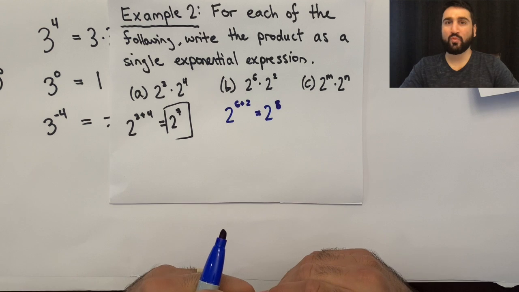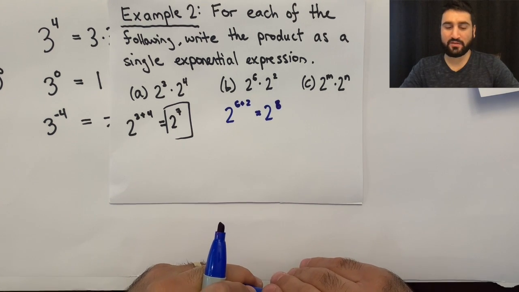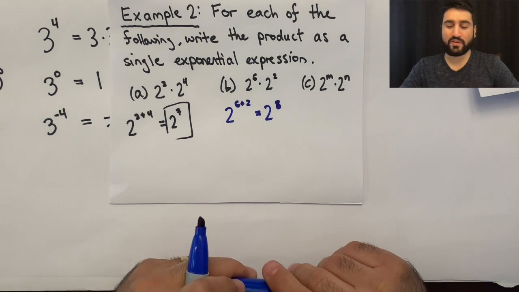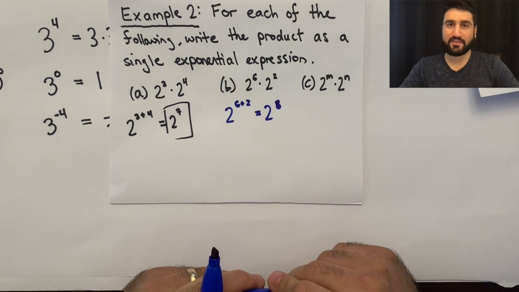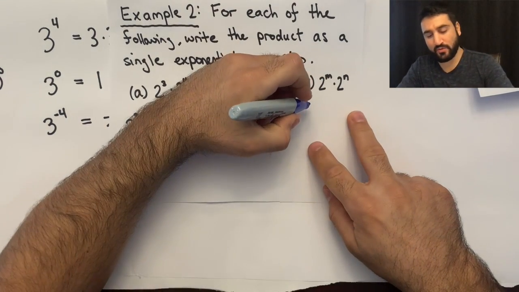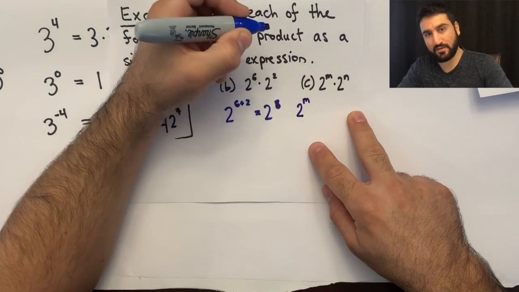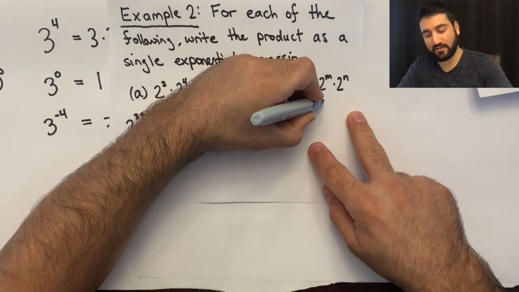So let's remember what this rule is. When you multiply, you're going to add the exponents. Okay? So it's going to be 2 to the m plus n.